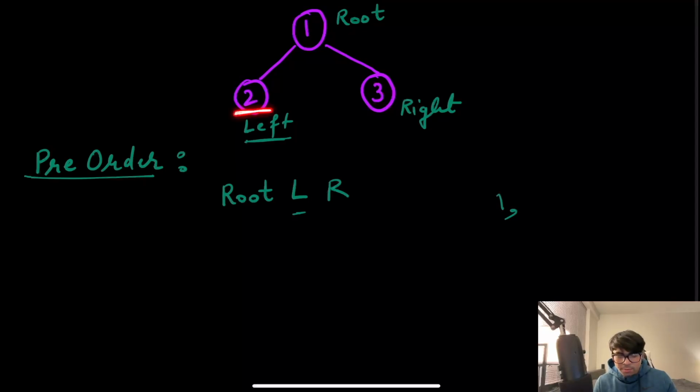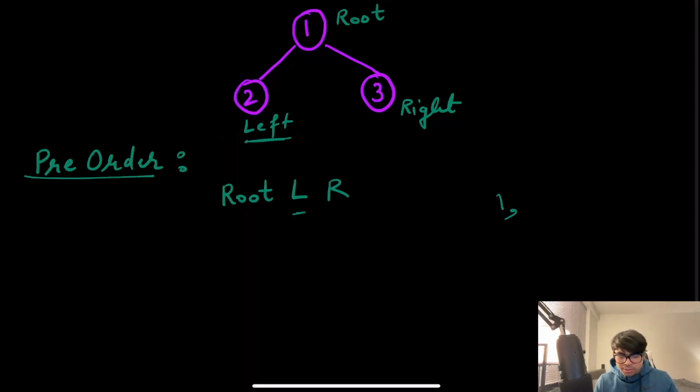So now it's going to process 2. But in the bigger picture, we know it first processes the root and then it's processing the left child. But just imagine that this could have more left and right children. So then this is a root itself as well, right? If it could be, but anyway, right now it's not.